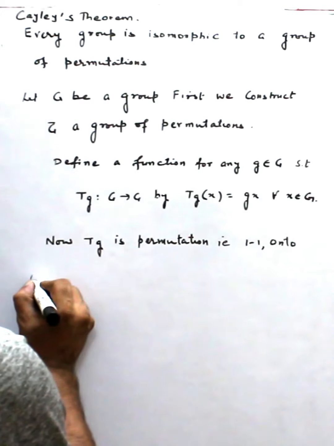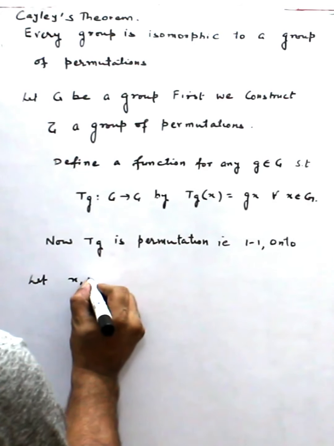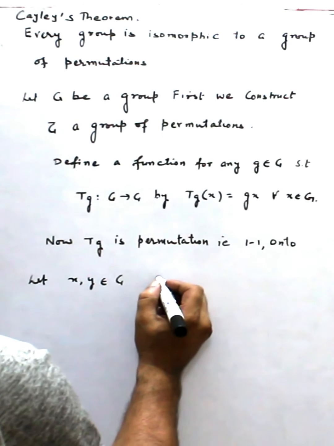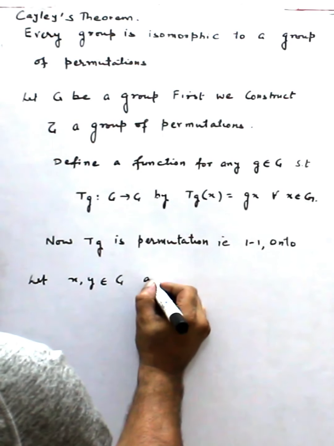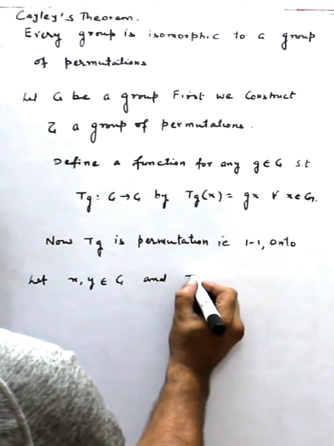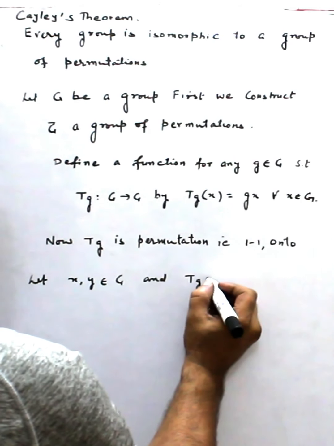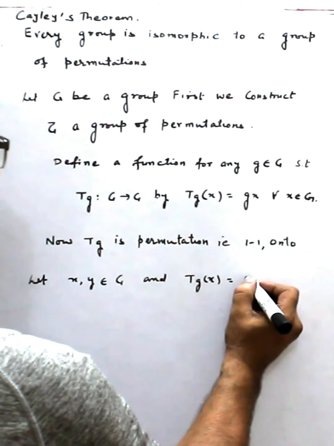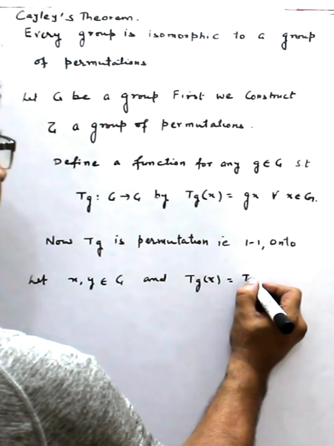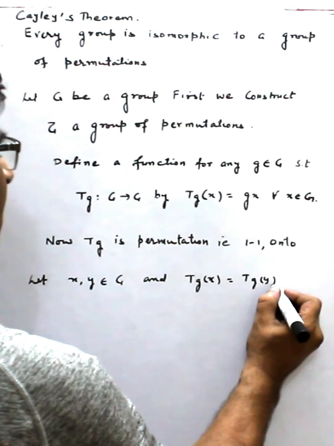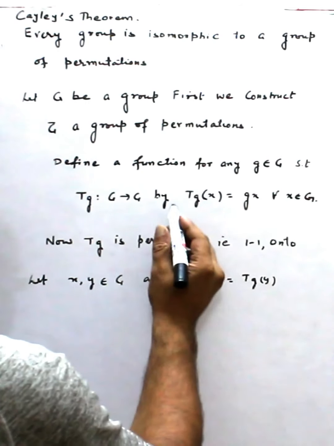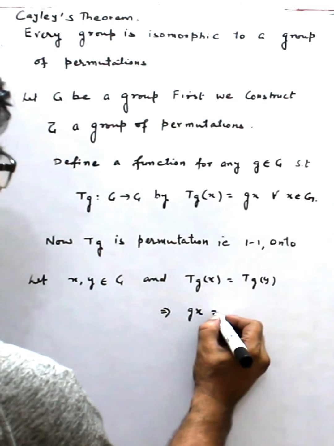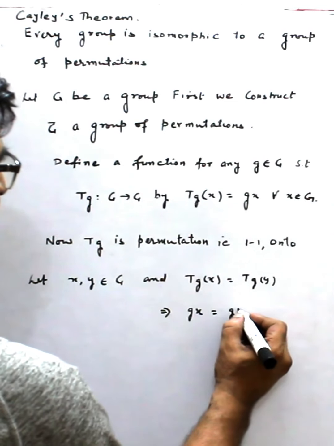Let x, y belong to G, and Tg x equals Tg y. This means by this definition we have g x is equal to g y.